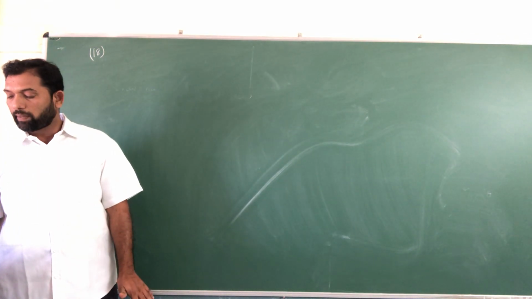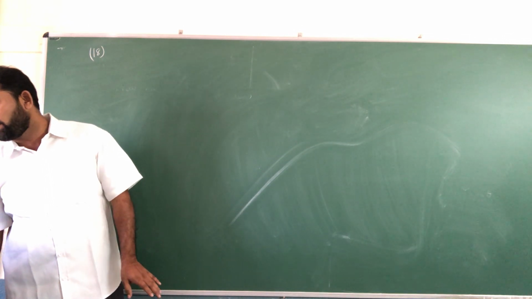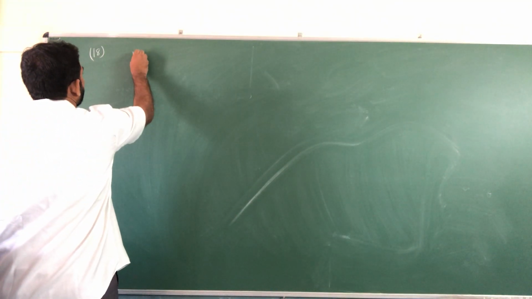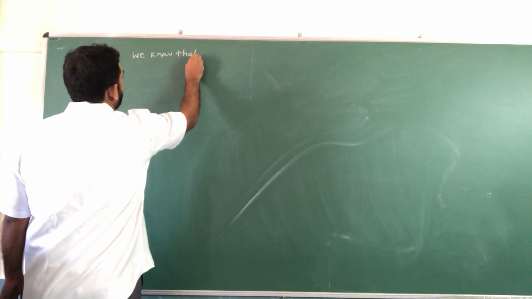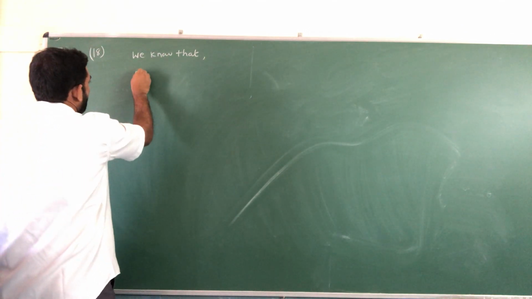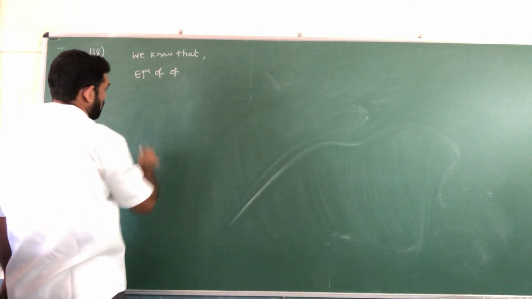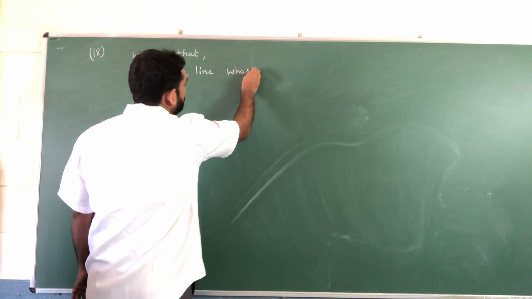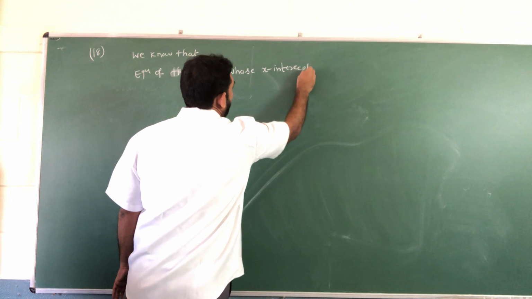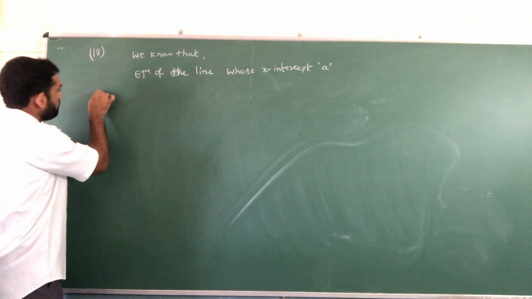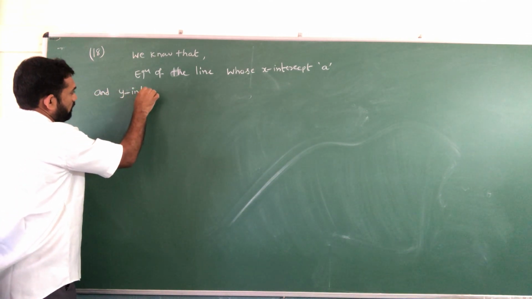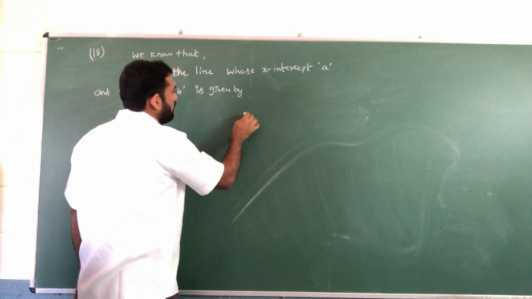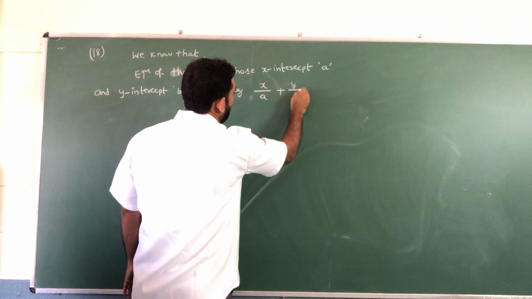If P is the length of the perpendicular from the origin to the line whose x-intercept is A and y-intercept is B. So we know that the equation of the line whose x-intercept is A and y-intercept is B is given by x by A plus y by B equal to 1.